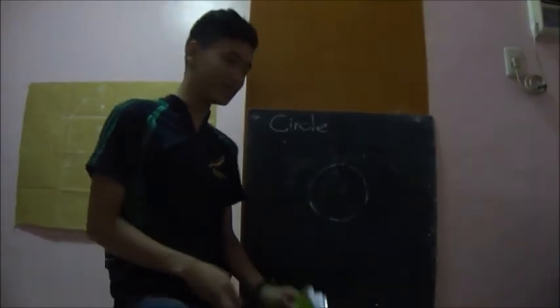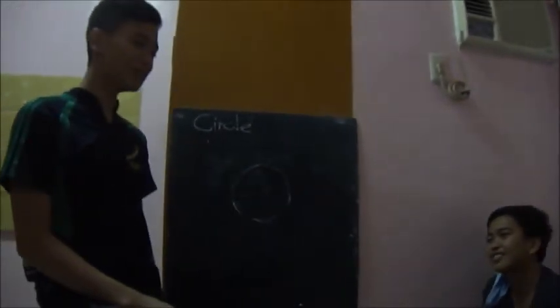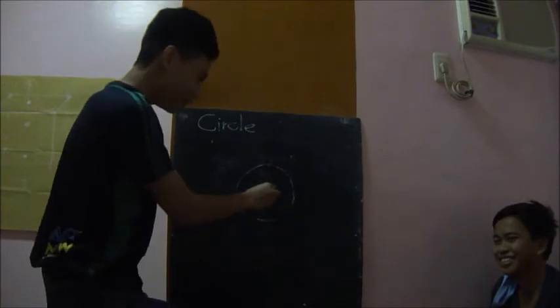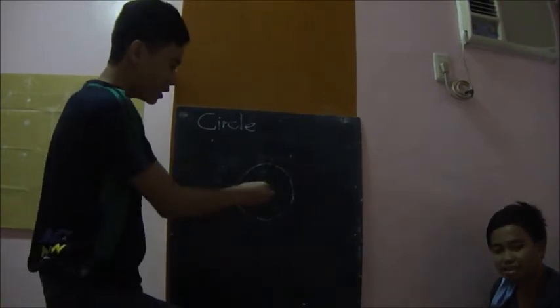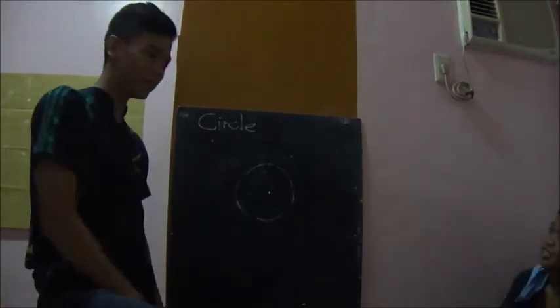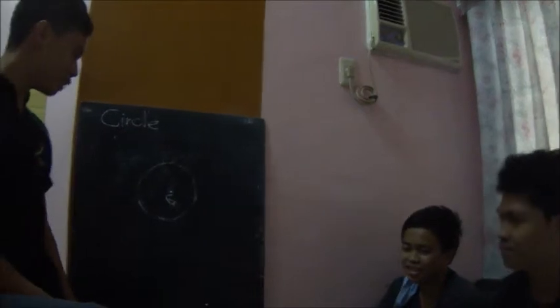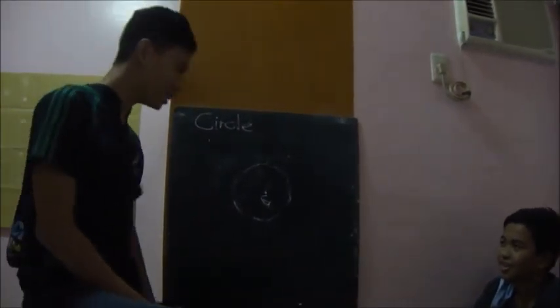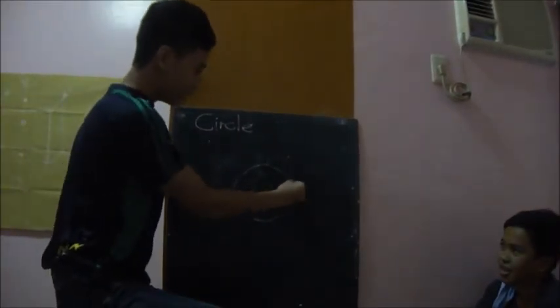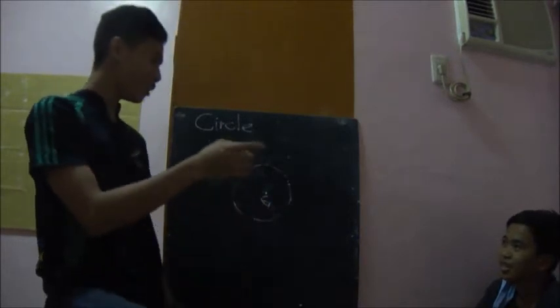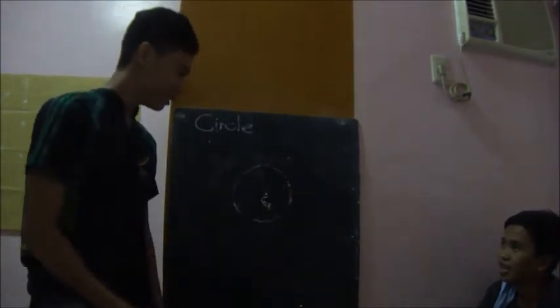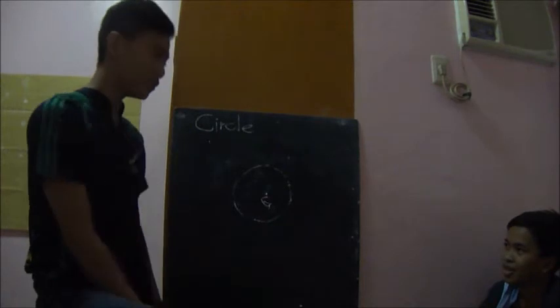First, we're going to discuss the radius. What is radius? Radius is from the central point of the circle, and this is called the middle point. Let's call it point G. We can call a line a radius if the circumference is connected to the middle point of the circle.